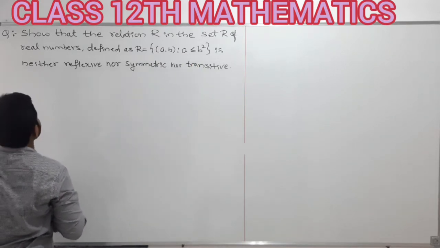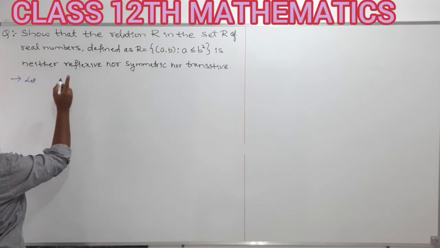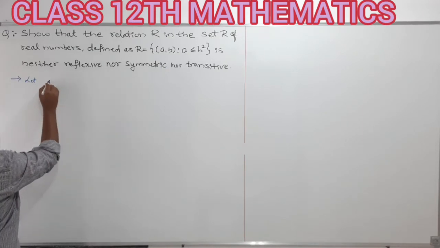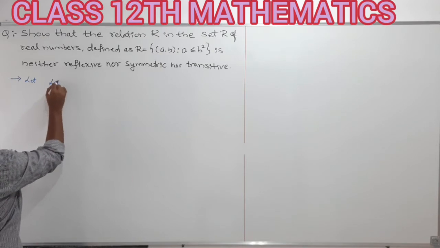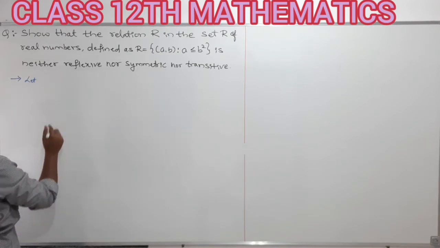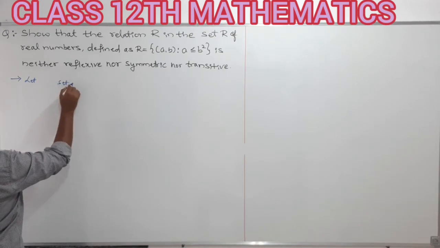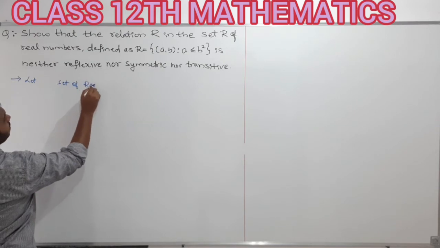To solve this, my dear students, first of all let us take the relation R in the set R of real numbers. Here you are defining the relation R on the set of real numbers.